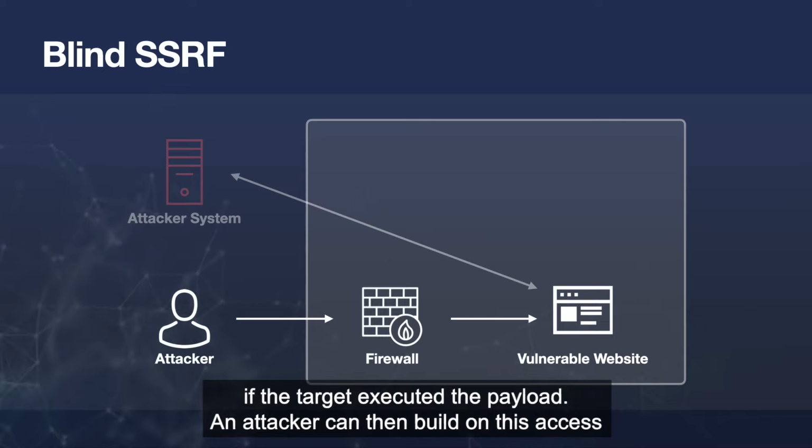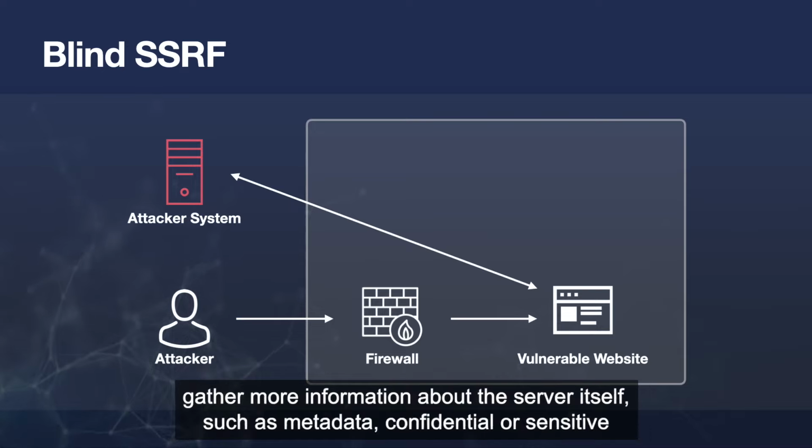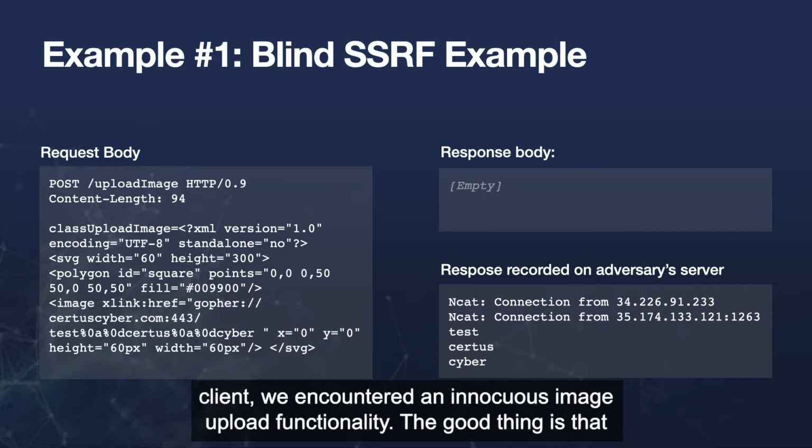An attacker can then build on this access to have a persistent connection to the server. The purpose of performing this attack is primarily to gather more information about the server itself, such as metadata, confidential or sensitive files. During an engagement for a large enterprise client, we encountered an innocuous image upload functionality.